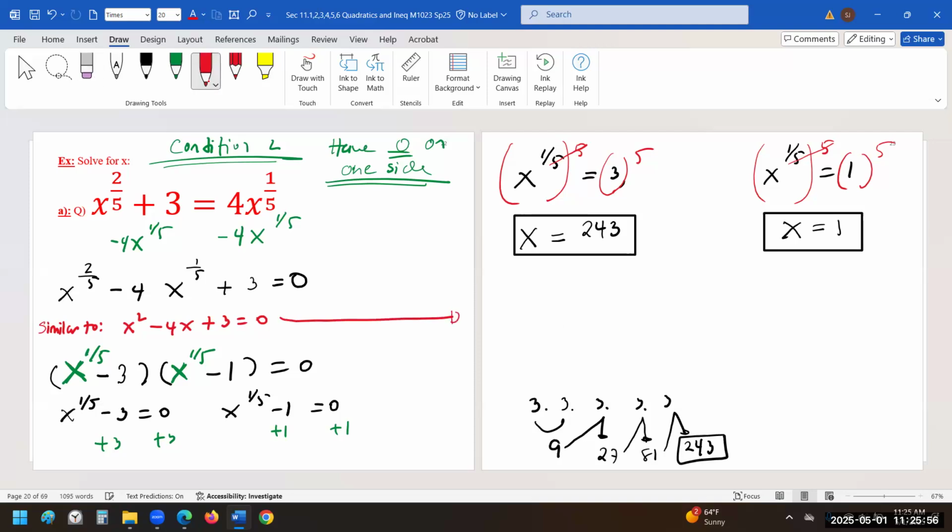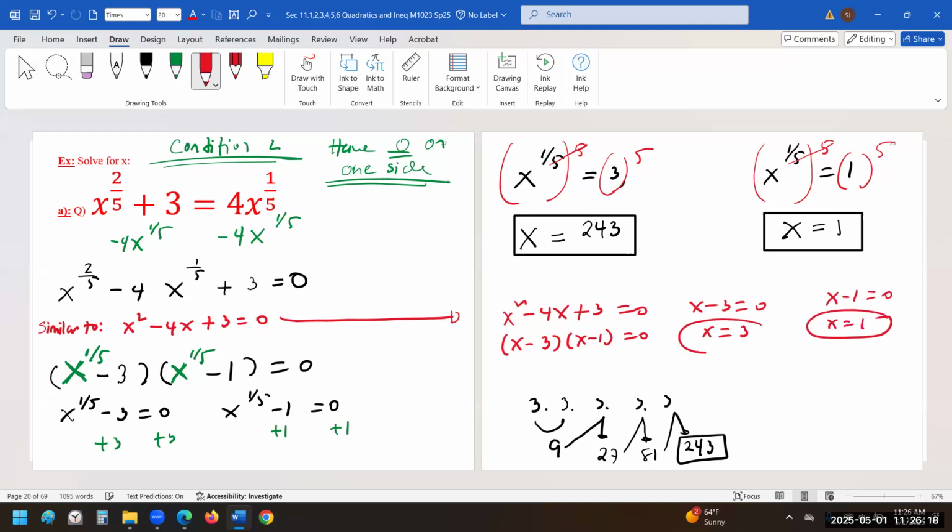So if we had this question, x squared minus 4x plus 3 equals 0, we know the answer is x minus 3 and x minus 1 equals 0, right? So from here, x minus 3 equals 0 gives us x equals 3, and x minus 1 equals 0 gives us x equals 1.